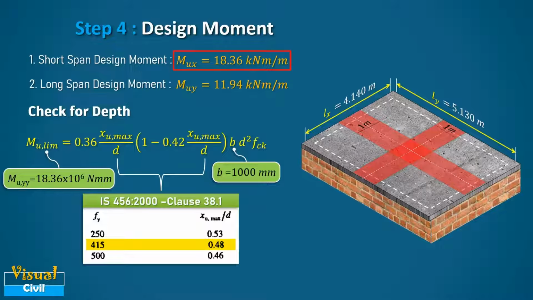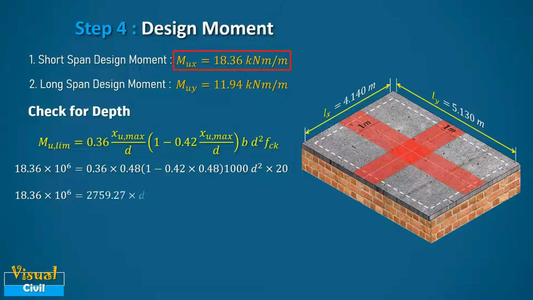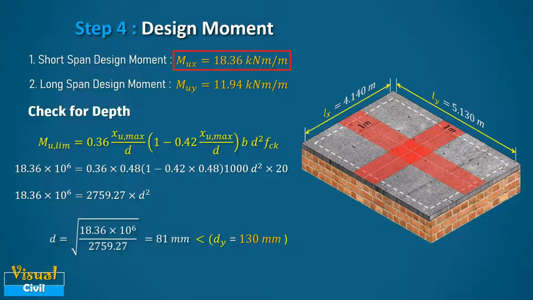In this equation, depth D is unknown. After putting all the values in the equation and solving, we get the required effective depth as 81 mm for the maximum design moment. This is less than the provided effective depth, hence safe.